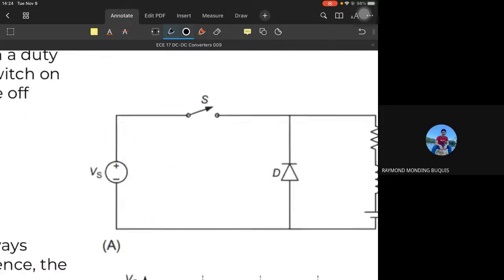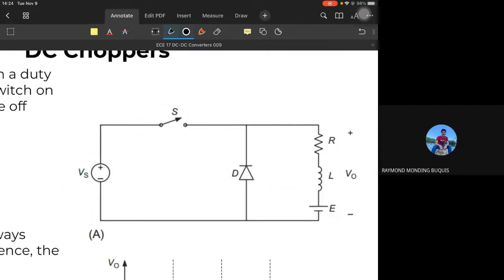As mentioned earlier, in this circuit and in future DC to DC converter circuits, the symbol used is a mechanical switch. But it is not really a mechanical switch that we will connect. Again, this only generalizes whatever power electronic device we connect here.